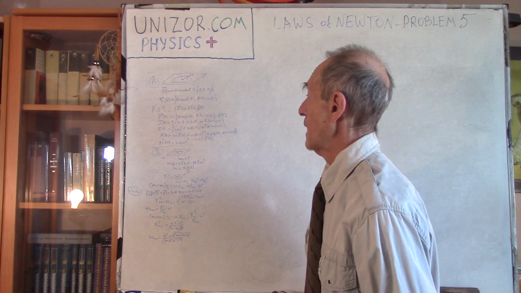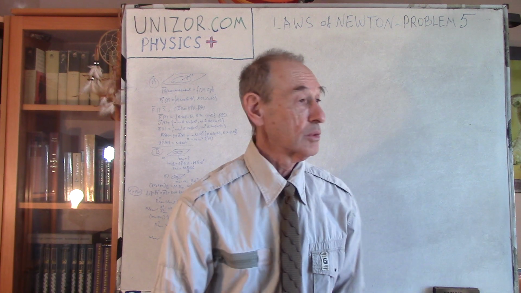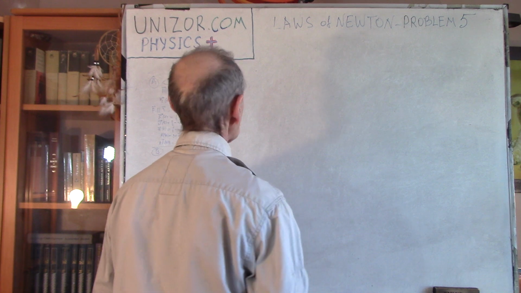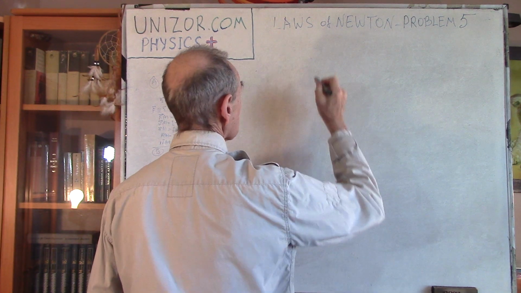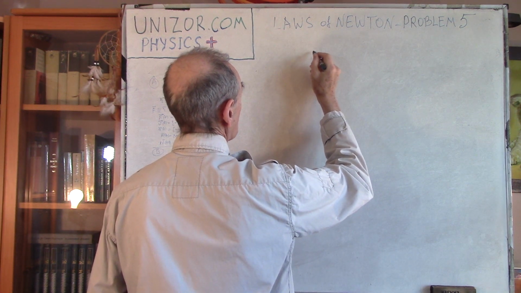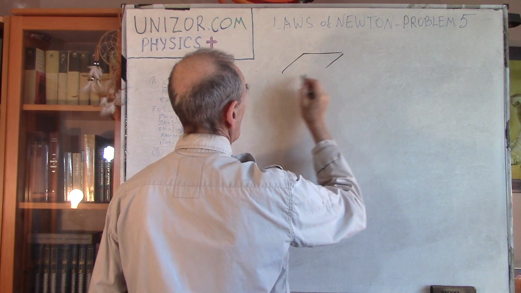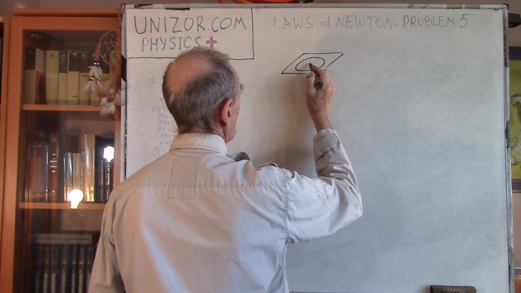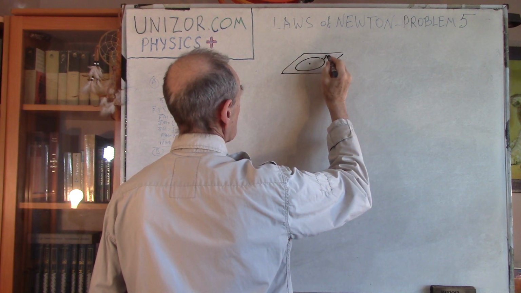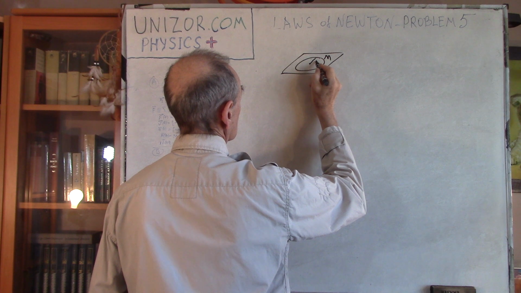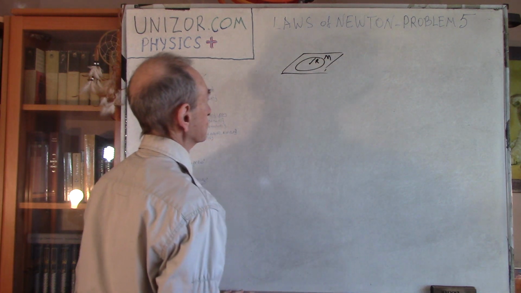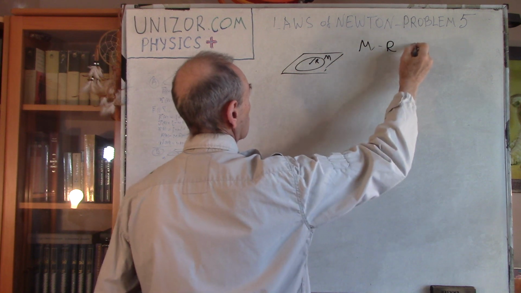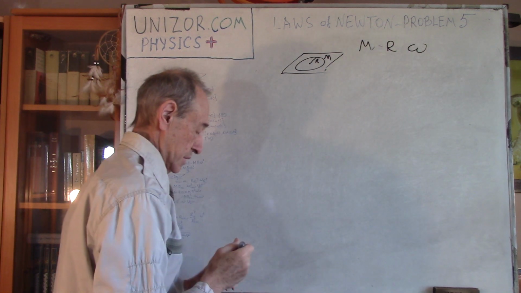Okay, now let's go. The first problem is, let's say you have a frictionless plane, and there is an object of mass m rotating on a radius r. So we have mass, radius and angular speed.